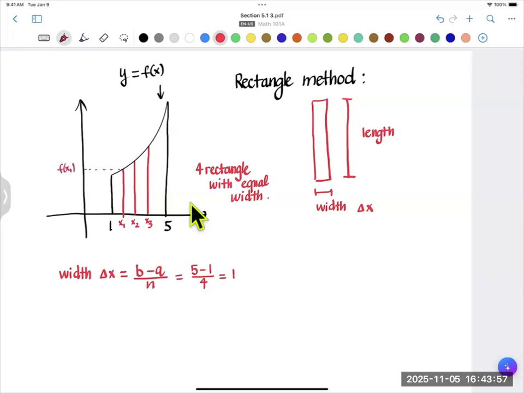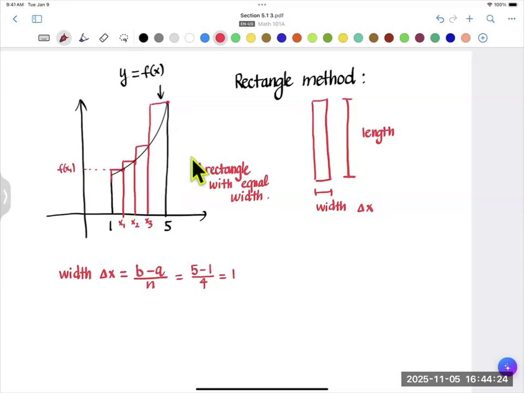If we use this point as our first point to make the rectangle, then we have a rectangle right here. I make the first rectangle and continue with my second value, x2, to make another rectangle right here. Then x3, I have one more rectangle, and then x4, which is 5, one more rectangle right here.